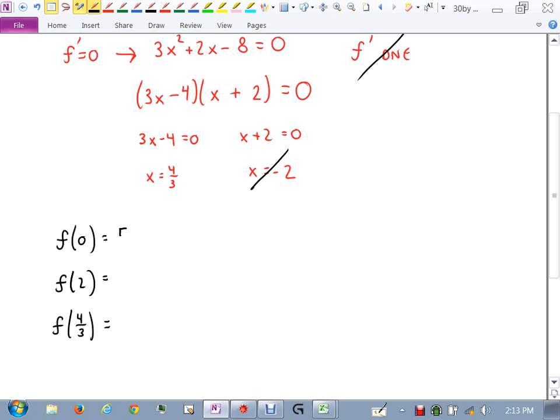At 0, you get 5. At 2, you get 1. At 4/3, that's 4/3 cubed, 64/27, plus 4/3 squared, 16/9, minus 8 times 4/3, 32/3, and then plus 5.